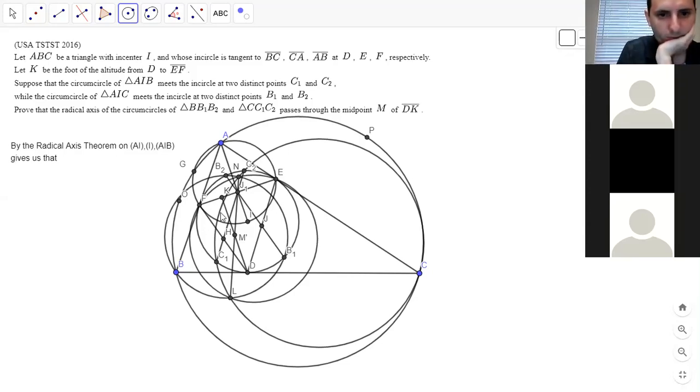Yeah, we have to use, let me try projecting again. What if we project through F? So if K goes to E, so E and D are fixed. I don't know if that's that good.